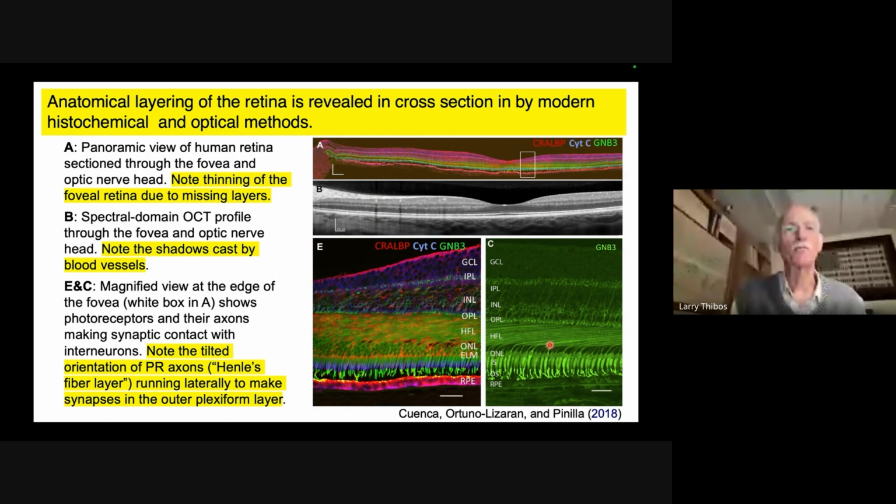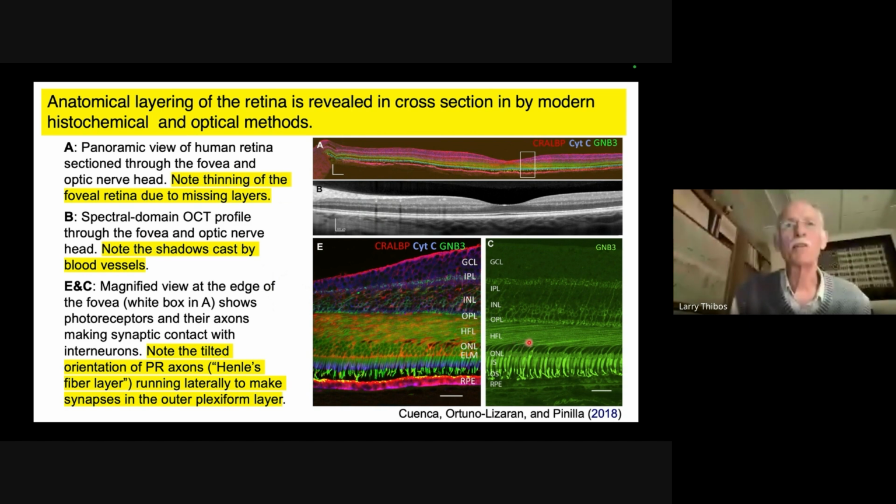Now, the final image to call your attention to is this beautiful viewing of just the photoreceptors. And you can see the rods and the cones here, the outer segments where light is absorbed, the inner segments that collect light and funnel it by waveguide action into the pigment in the outer layers. But notice what happens to each axon. Here's a beautiful one right here. That cone sends out an axon.